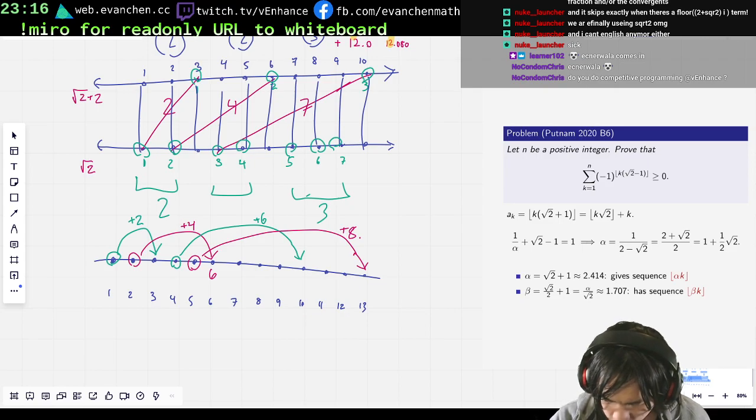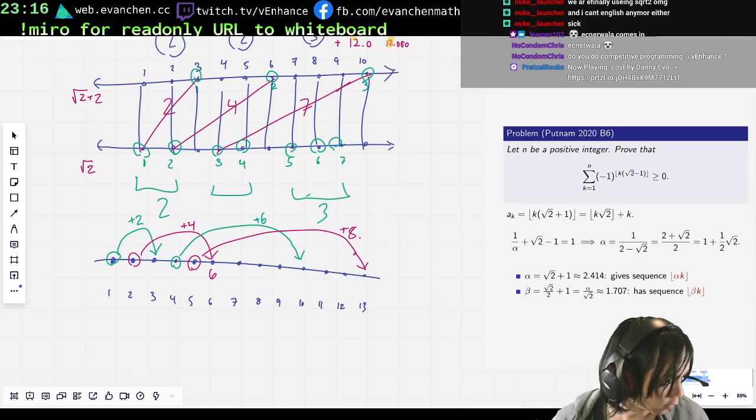So this 2, this 2, this 3. Okay. I think I see.